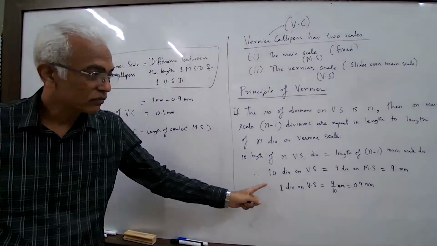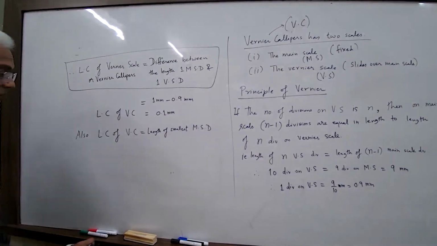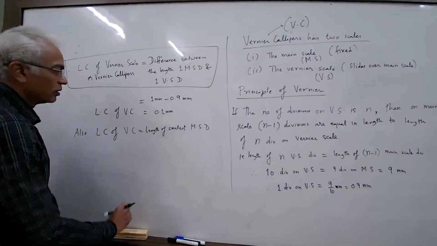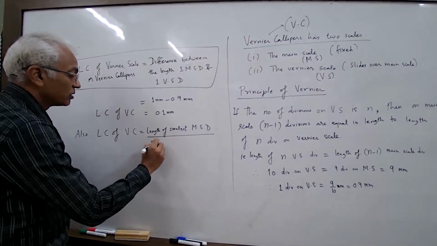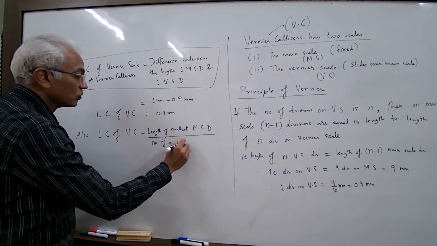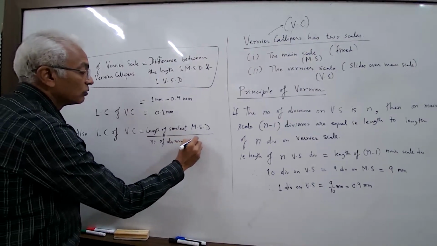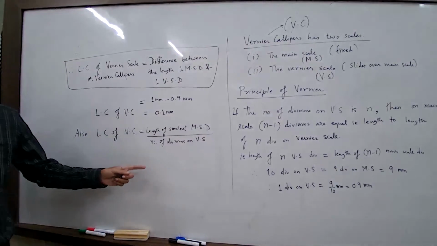And the division length for main scale as well as vernier scale I have given you. Right? Okay. Divided by the number of divisions on vernier scale. This is another formula for least count.